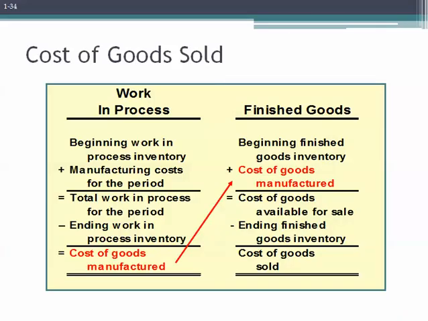And looking at our finished goods inventory, we can see that our costs that were transferred out are again just like our purchases for a merchandising company. We would take our beginning finished goods plus anything we added, which in this case is our cost of goods manufactured. That gives us the cost of goods available for sale. Finally, we deduct our ending finished goods inventory to get our calculation of cost of goods sold.